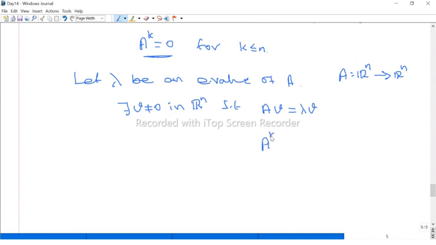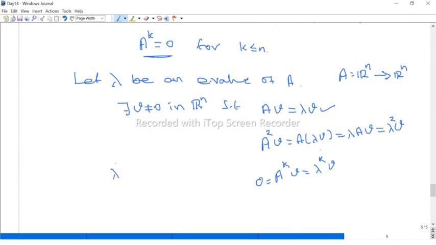First apply A again: A squared V equals A of lambda V. Since A is a linear transformation, the scalar lambda comes out, so lambda times AV, which is lambda times lambda V. Therefore A squared V equals lambda squared V. Similarly we can go up to A power k V equals lambda power k times V. But A power k is 0, so this side is 0.